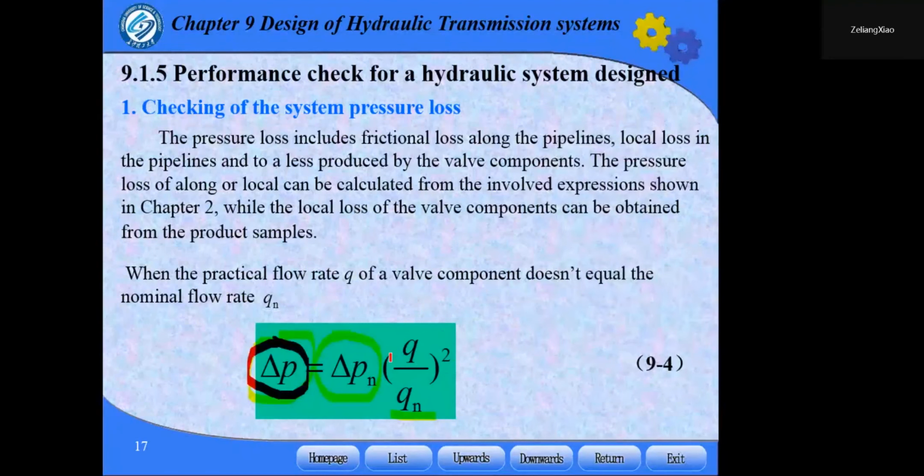This is the actual flow rate, and this is the nominal flow rate.